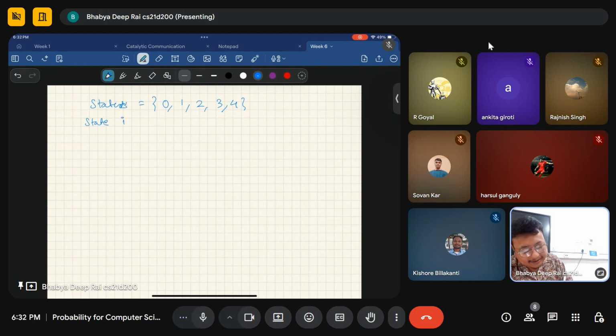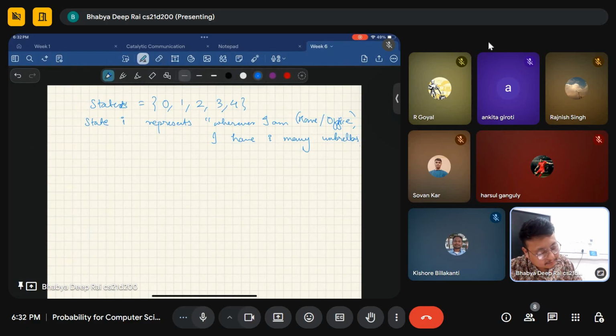State i represents wherever I am, either home or office, I have i many umbrellas.